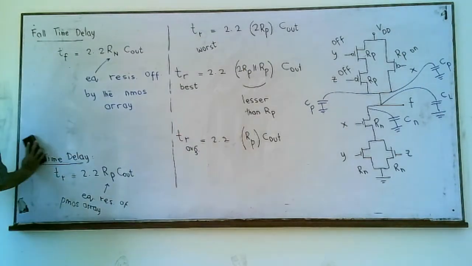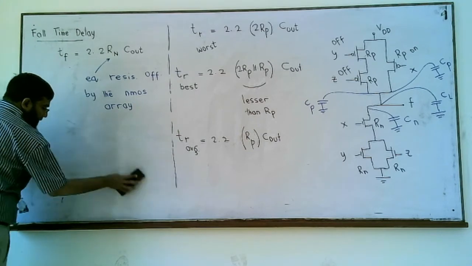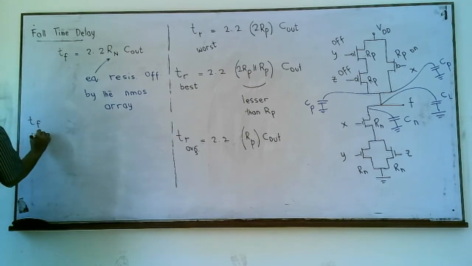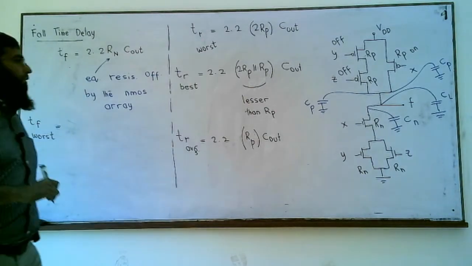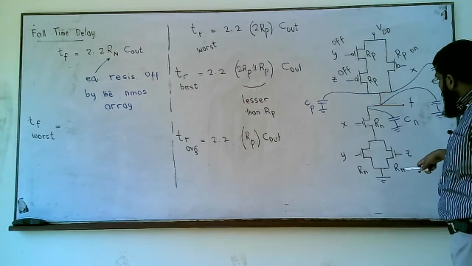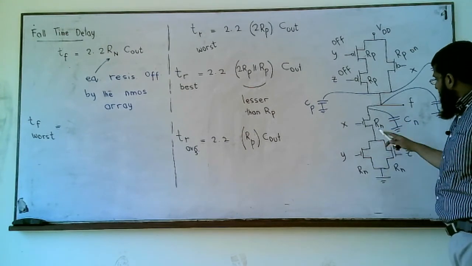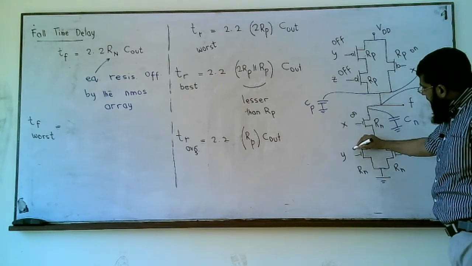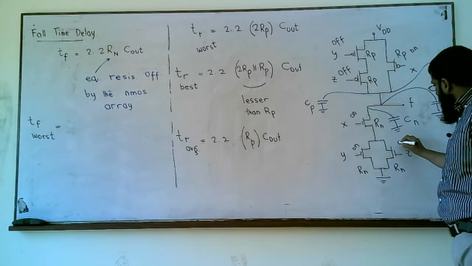So what can be the worst case fall time delay, Tf worst? The worst case delay is when we have the max path resistance, and that is when we have this on and this on and this off.